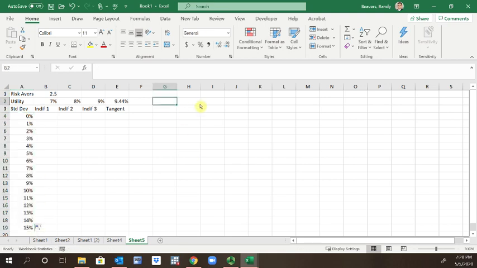And for indifference curves, the formula we're going to have here is expected utility plus 1/2 A times the standard deviation squared.